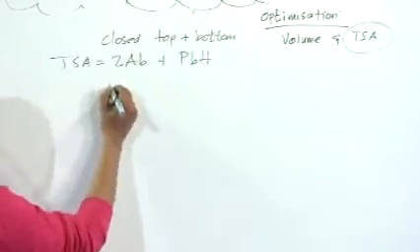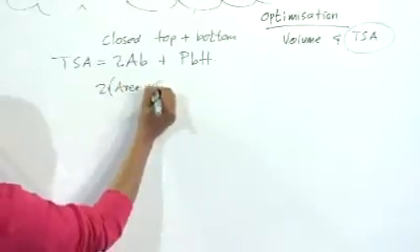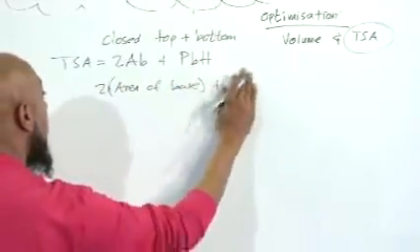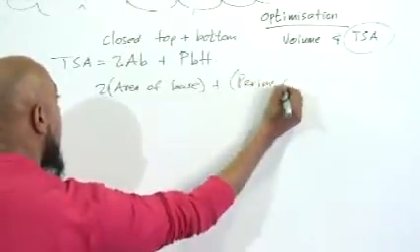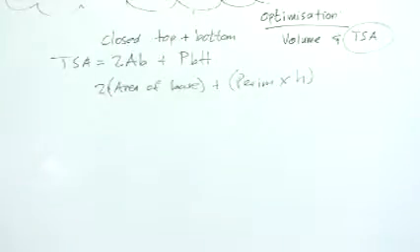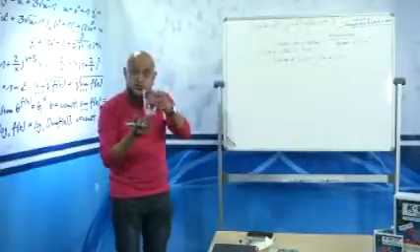Okay, so I'm just going to put it in brackets here. This is 2 times area of base plus the perimeter of the base times your height. Now obviously, if this is a cylinder, if this is round, your area of base, because it's closed, we say two times.